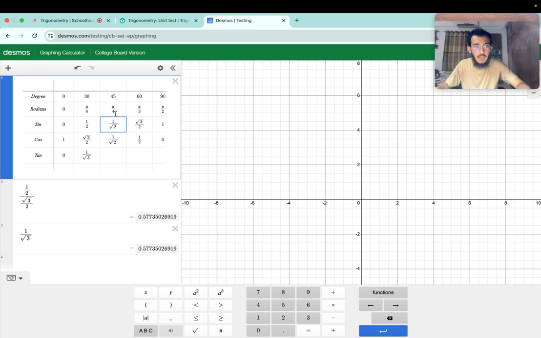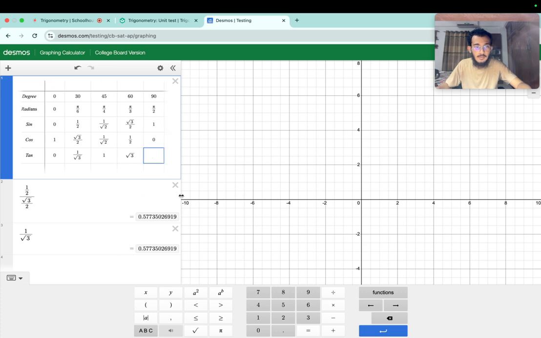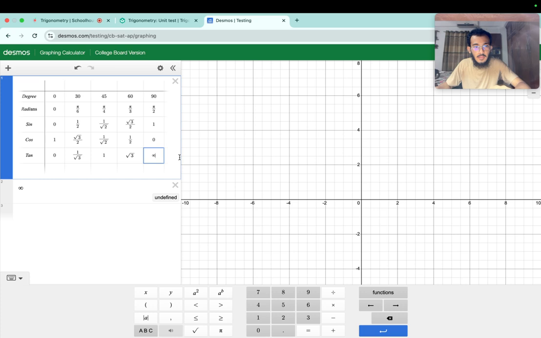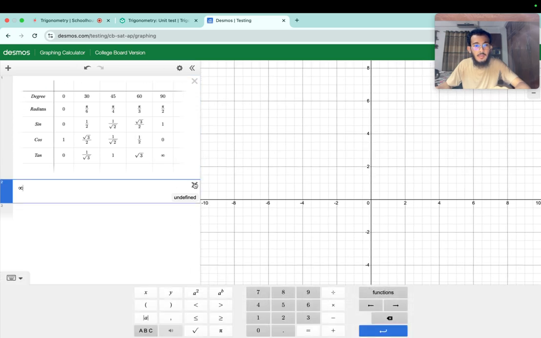And they are the same, and when we divide the same thing by the same thing, it's 1. And here it is just the reciprocal of this, so root 3. And here 1 divided by 0 is infinity, so we write infinity. There we go, we're done with this table.